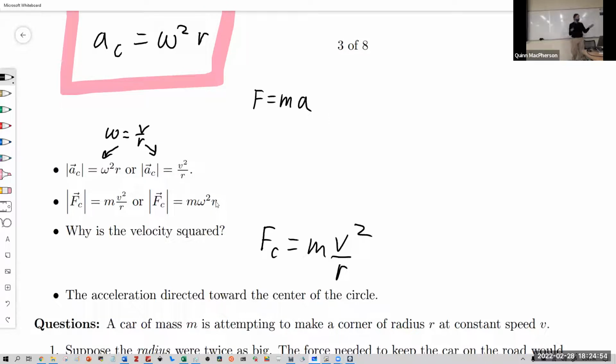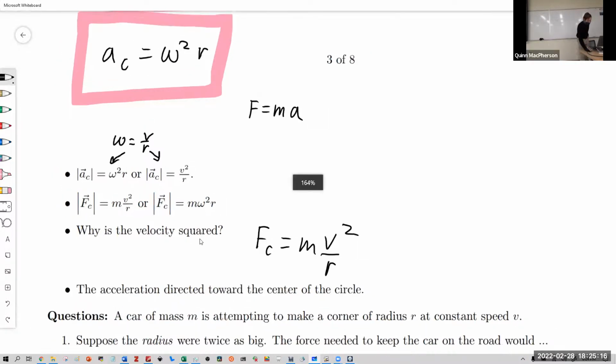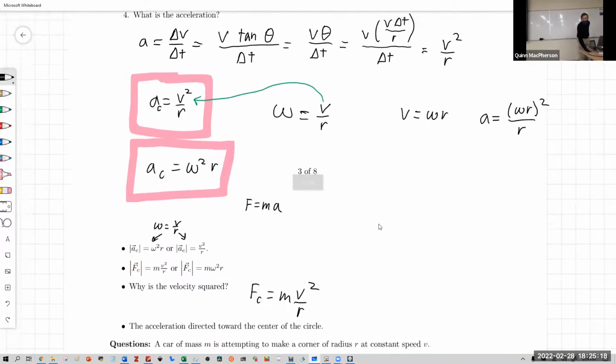This is something you should do whenever you get an equation that has a square: you should ask yourself, why is that variable in there twice? It's r times r, or v times v. The reason it's in there twice is that velocity did two different things.